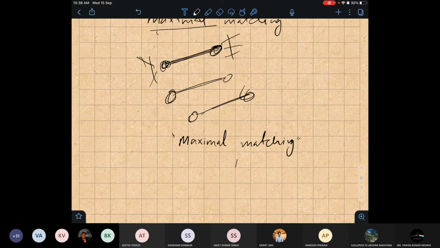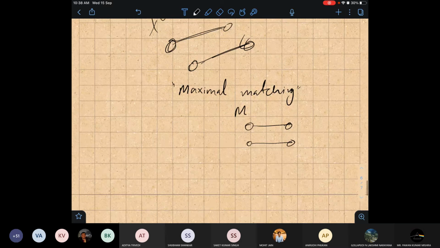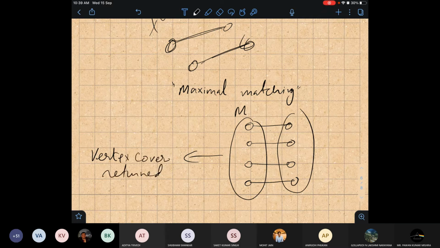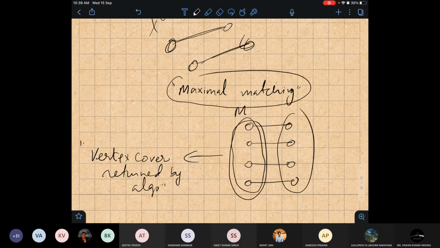After finding a maximal matching M, I will select all the nodes associated with the maximal matching, and I am saying this is the vertex cover returned by my algorithm.